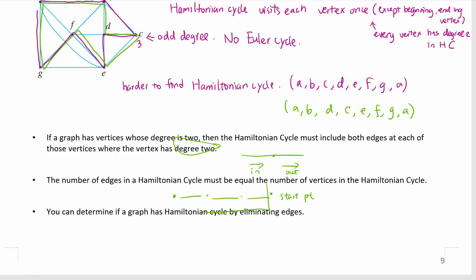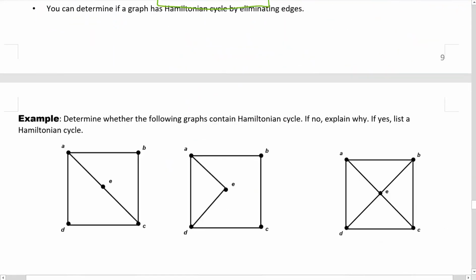If we look at the previous examples, you can see the number of vertices and the number of edges are the same. So far so good, everybody? Next, you can determine if a graph has a Hamiltonian cycle by eliminating edges. Let me teach you how to do it.